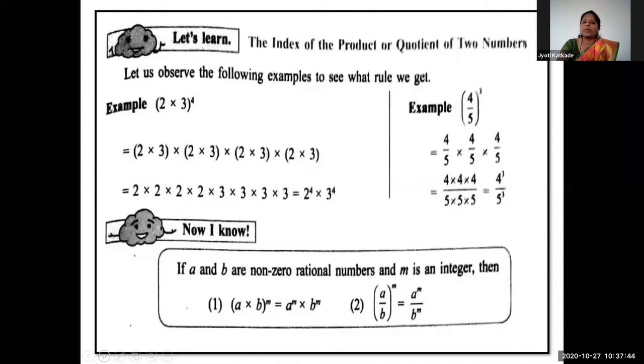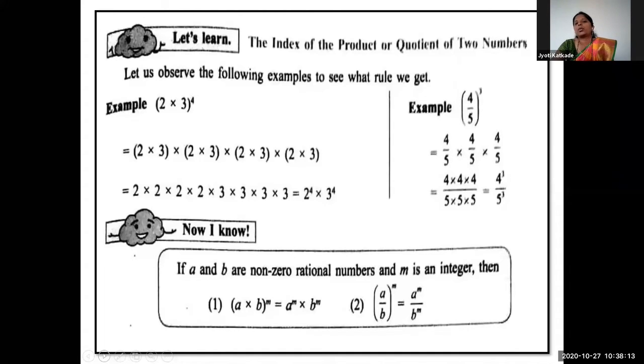When 2 is there 4 times in the multiplication form, that means the power of 2 is 4. And 3 is also 4 times in the multiplication form, so the power of 3 is also 4. Means we get 2 raised to 4 into 3 raised to 4.